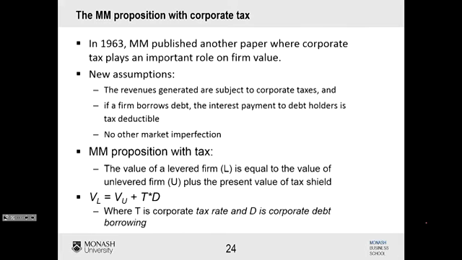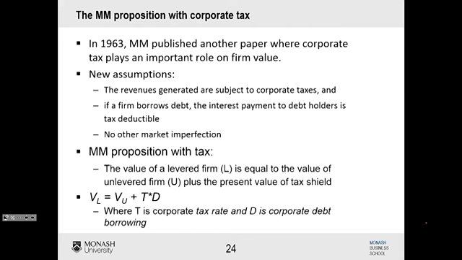If the government is going to tax the entrepreneur, which is true in the real world, how will Proposition 1 and Proposition 2 change or not change? If they change, how? That's the Modigliani-Miller theory, Propositions 1 and 2, in the world that we have tax.